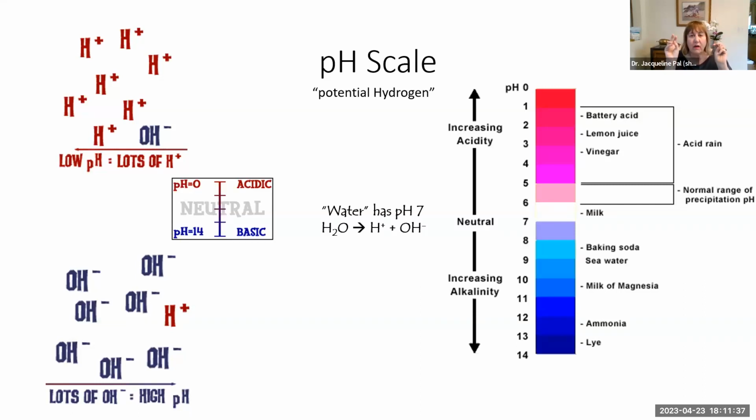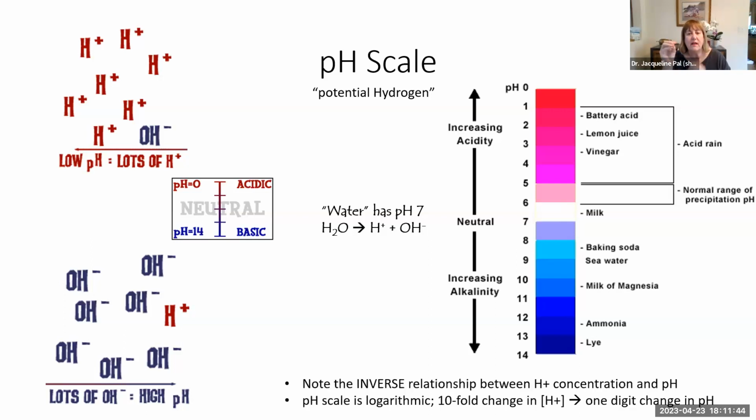Just remember two things about this pH scale. First, with water we're talking about a pH of 7. The water for our lab experiments has been brought back to a neutral pH of 7. The second thing is the inverse relationship between hydrogen ion concentration and pH. As hydrogen ion concentration goes up, pH goes down, at the same proportion, but not exactly, because it's not that we are doubling from a pH of 1 to a pH of 2.